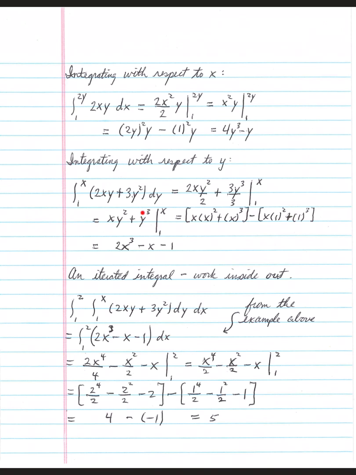From the example right above, we integrated this function from 1 to x with respect to y. It's identical. So I kind of cheated and worked this out ahead of time just above. But anyway, this inside box, and when you work a double integral, you work them inside out. We have 2x cubed minus x minus 1. So I went ahead and cheated and put that in here. It's not really cheating if you've done the work.